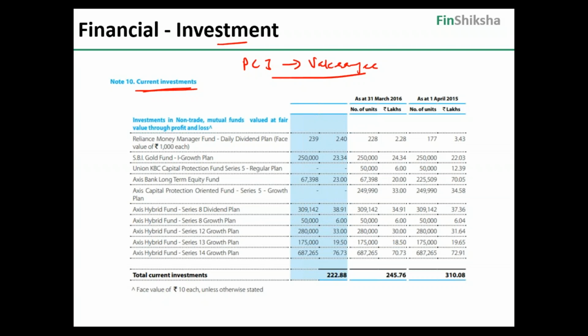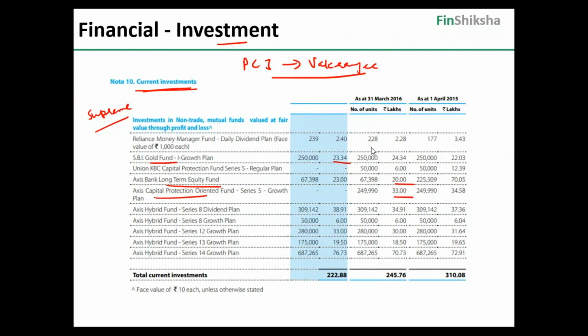However, not all companies, but some companies do invest in equities. For example, this company, again Supreme, look at their investments. They have invested in a long-term equity fund, in a gold fund, and in CAPROS, a capital protection fund. Though the amount is small, 24 lakhs, some 20 lakhs, some 33 lakhs.